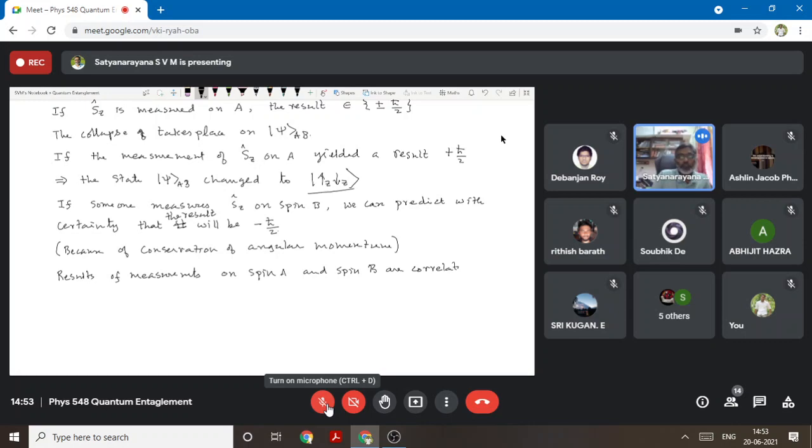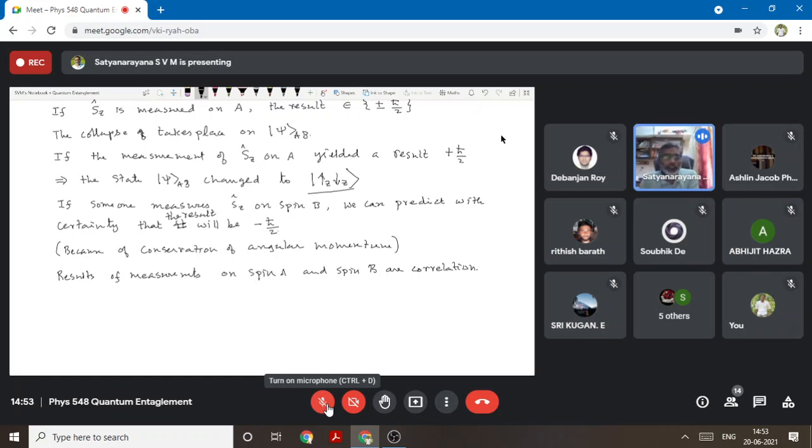If there is a correlation, then you can tell what is the result of B if you know the result of A. Now the issue is something like this.